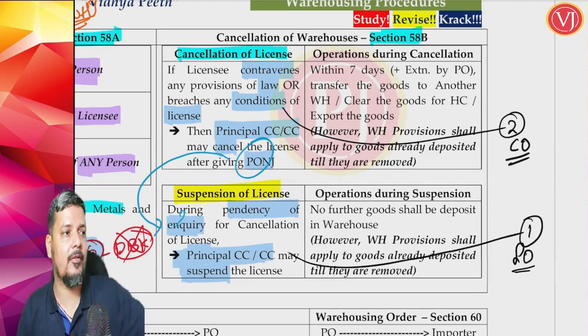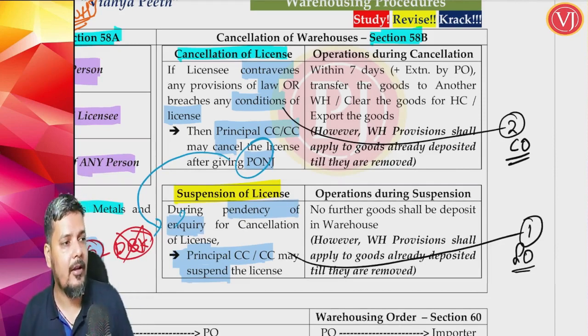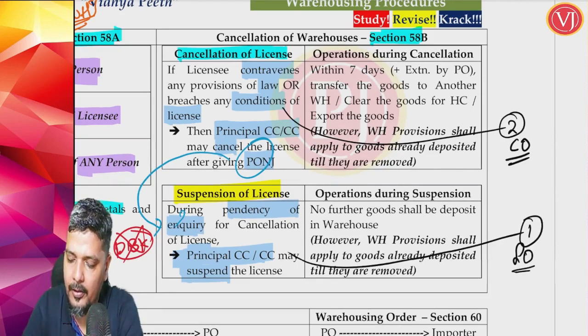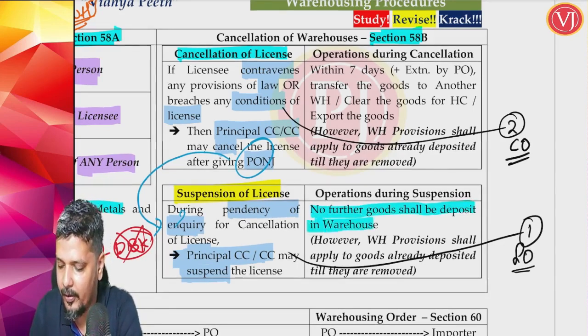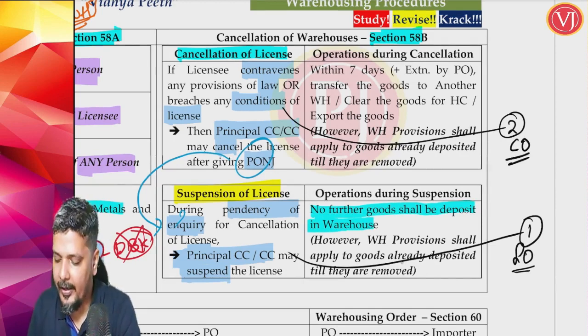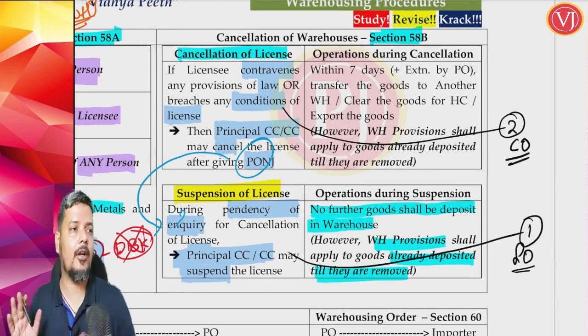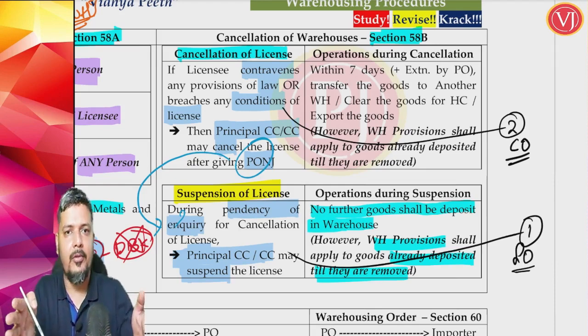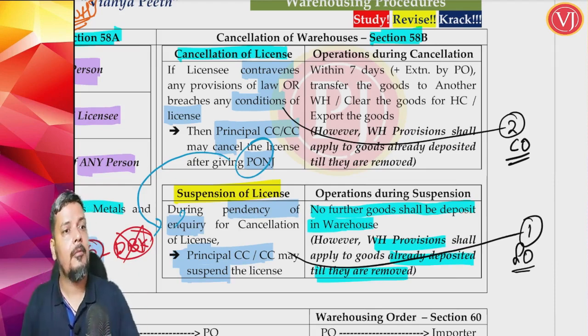I'm not talking about the starting point, I'm talking about the end point. Now, during suspension, no further goods can be deposited in the warehouse. For already deposited goods, warehousing provisions you can continue, but further goods shall not be deposited. Suspension means already some goods are there, you please carry on, but further goods stop depositing.